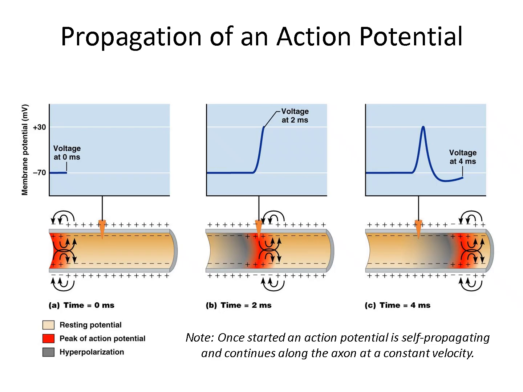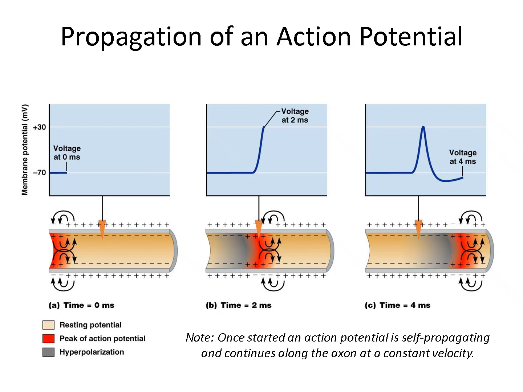At time 0, the neuron is at its resting potential, around -70 mV. When a region of the membrane depolarizes, shown here at 2 milliseconds, sodium ions rush in, making the inside of the membrane positive. This local depolarization triggers neighboring voltage-gated channels to open.